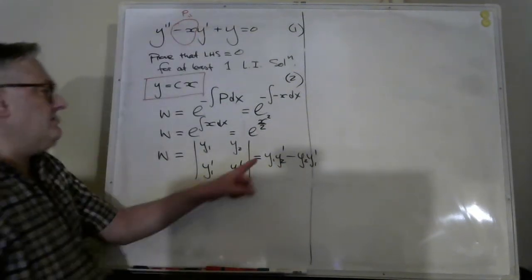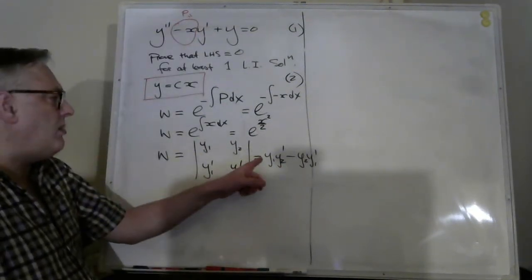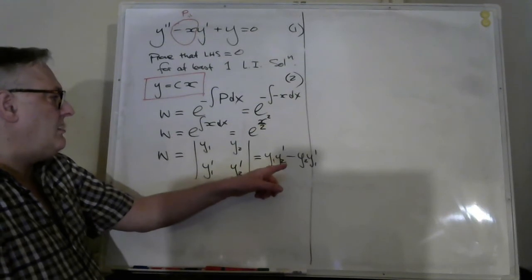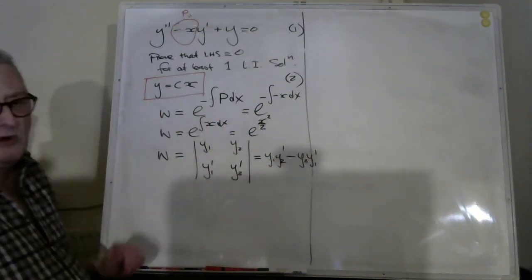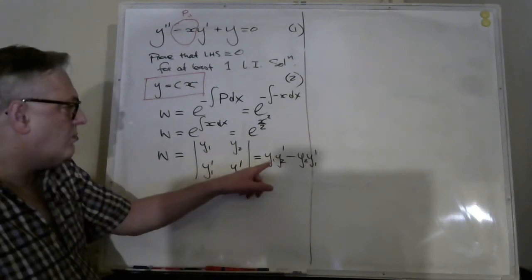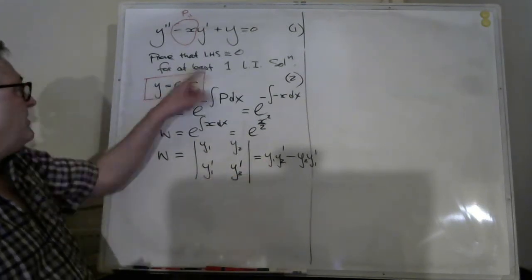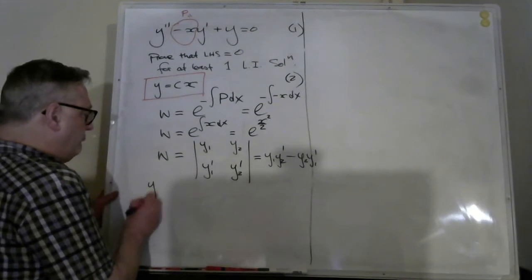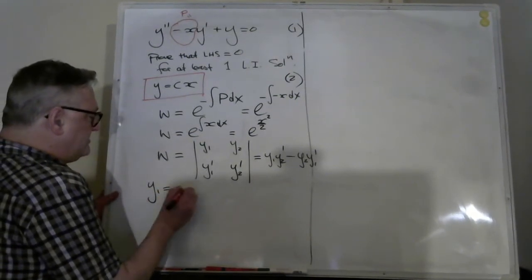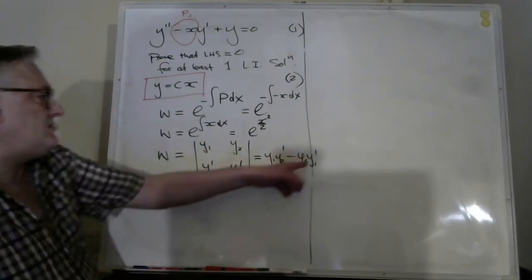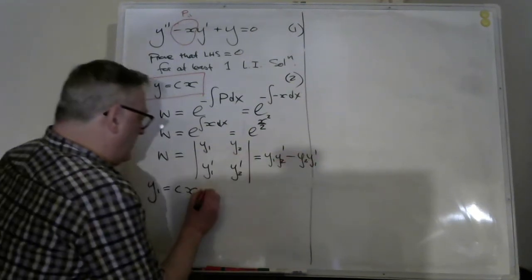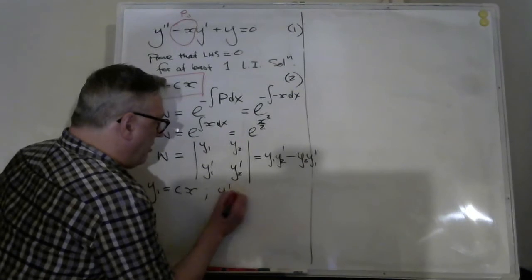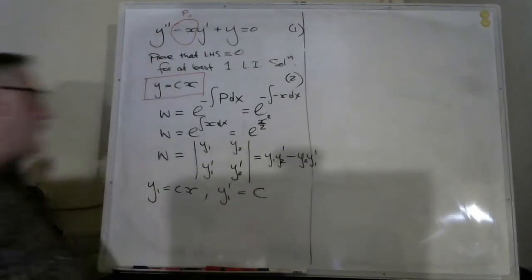So how do we know what y1 and y1 prime are? Well, we know y1 because we've got it up here: y1 equals cx, and of course we can now work out that y1 prime is just c.